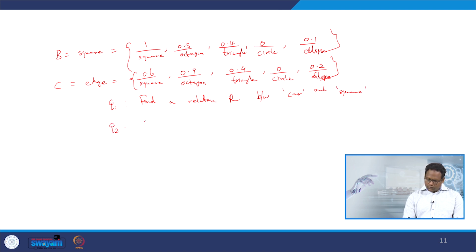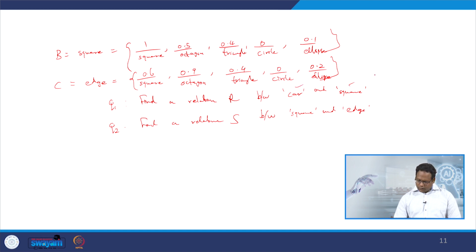Likewise, question 2, find a relation, let us have this as S, between square and edge, between the second and third fuzzy set, is relation matrix S. And then question 3 is using max min composition operation find a relation T between car and edge.